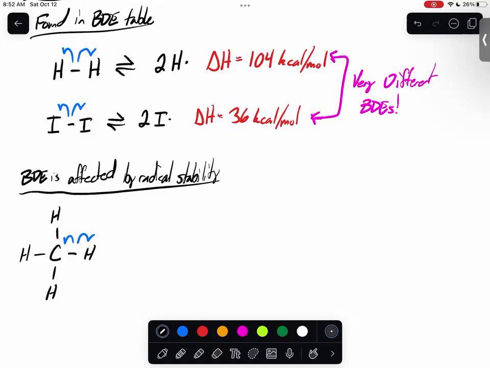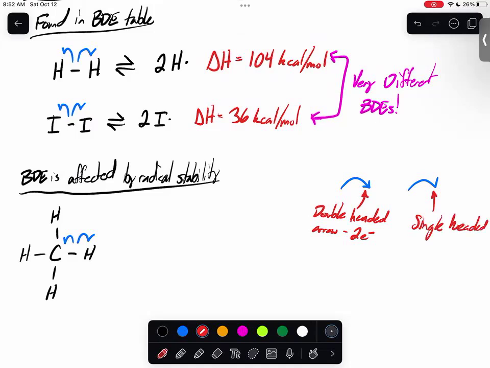So keep in mind that every time we've been talking about electron flow, and we see a double-headed arrow, this is representing two electrons, and a single-headed arrow is representing one electron, right? So that's why I'm showing one electron going to each atom there.